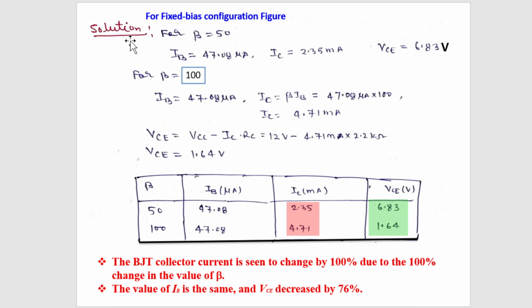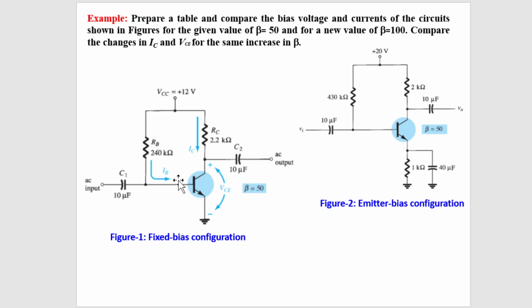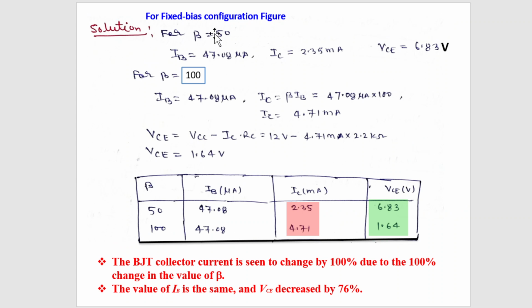So for beta 50, for the fixed bias configuration, figure 1, IB is equal to 47.08 microampere, IC is equal to 2.35 milliampere, VCE is equal to 6.83 volt. Same thing as I discussed.